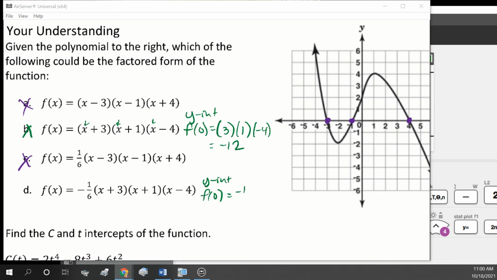So this time it's negative 6 times 3 times 1 times negative 4. So negative 6 times negative 12 is 2, which is what we wanted. Now we're going to learn some things about end behavior tomorrow that will also help us narrow down our choices.